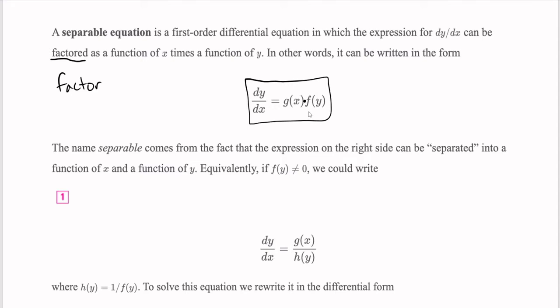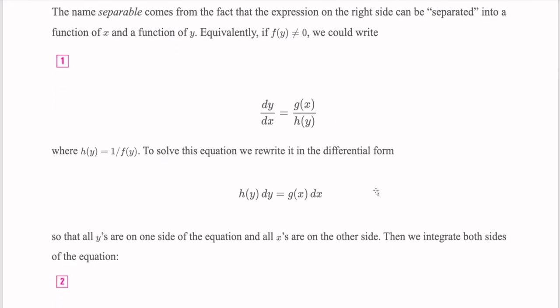And the way this works, basically, once it's in this form, we're going to say all the y's on the left, and then all the x's on the right. The format that you end up getting here looks like this.